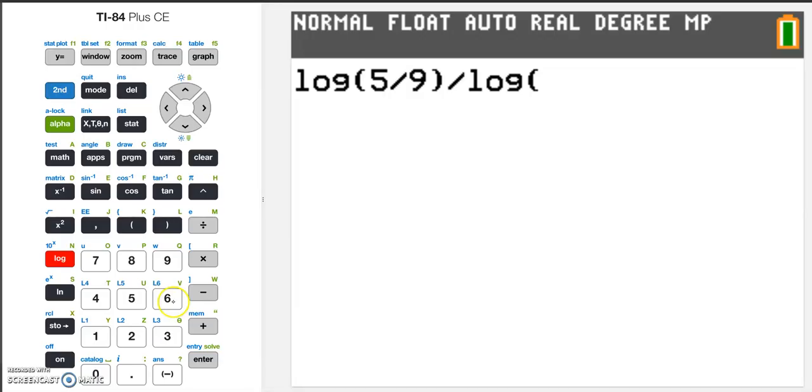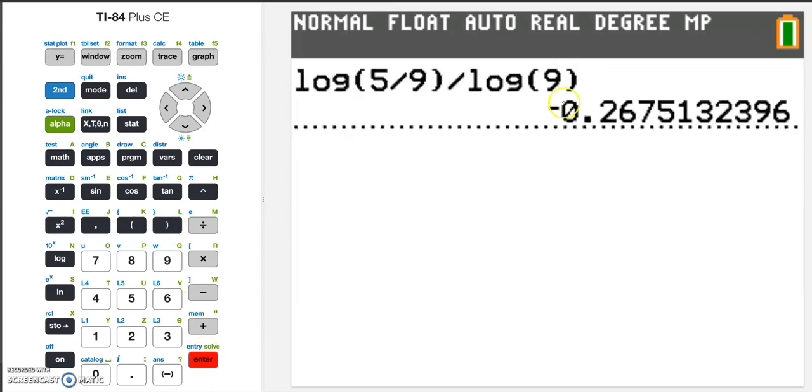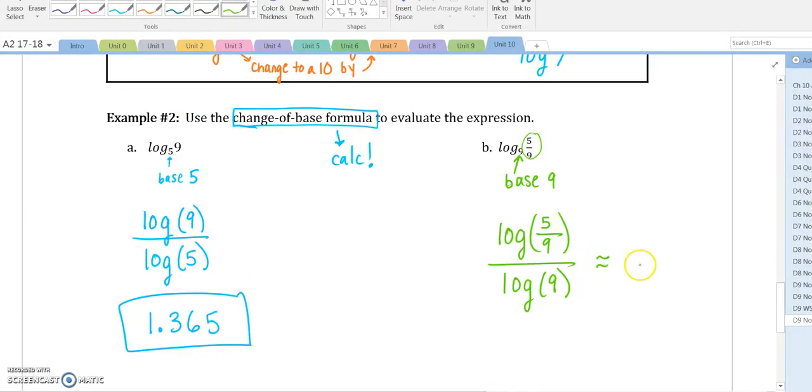Base 9, so log 9. And I would get negative 0.267513, and so on. So I'll just call this negative 0.27. And that would be my answer, negative 0.27.